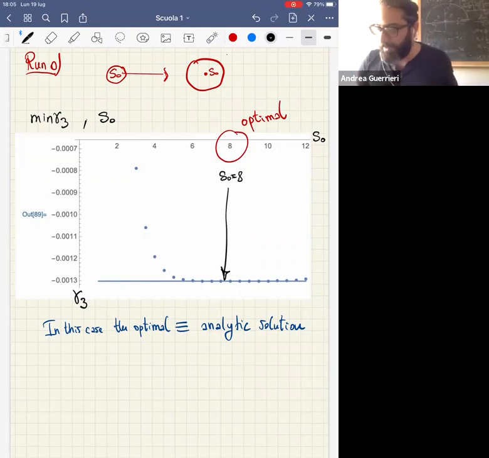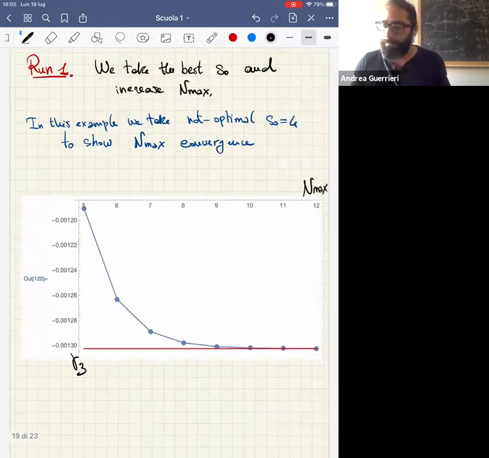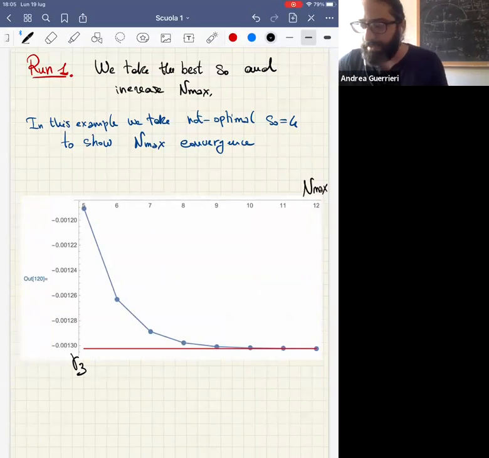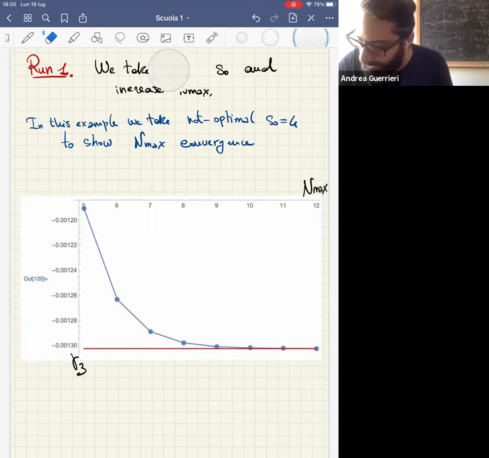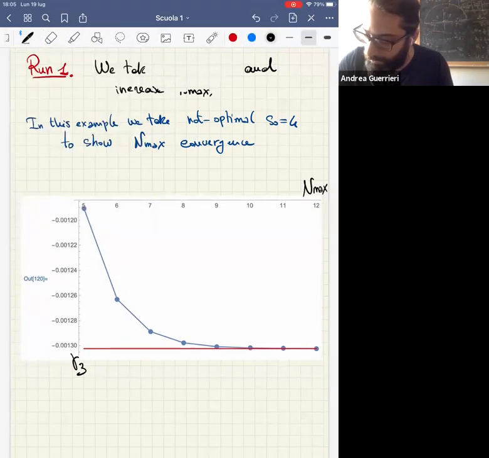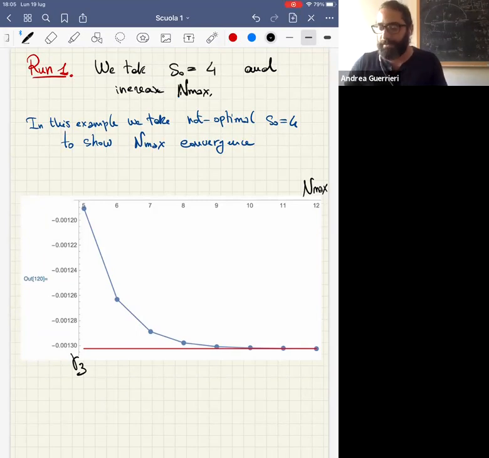I'm running out of time, but I'm basically finished. Here we're not taking our best S0; we take S0 equal to 4, because this problem is too simple and S0 equal to 8 is too good. So we take a suboptimal S0 equal to 4.